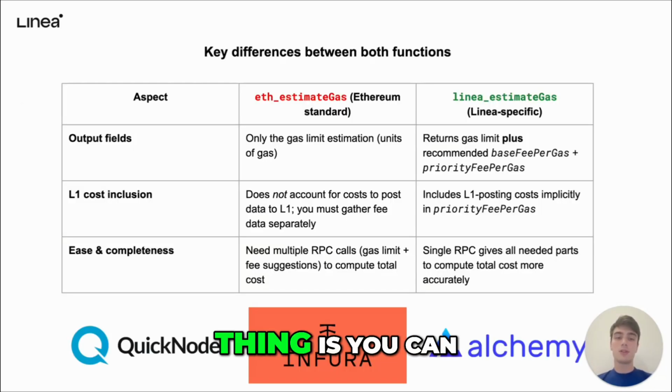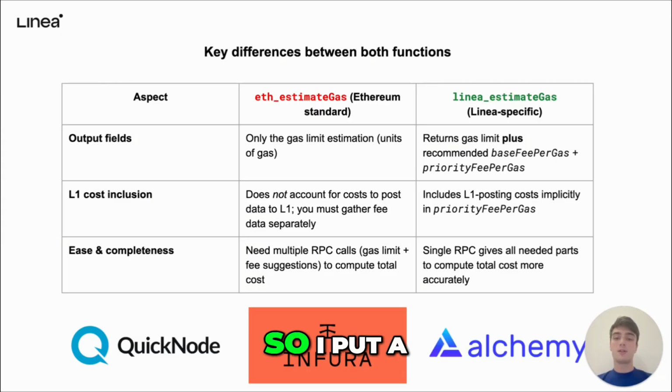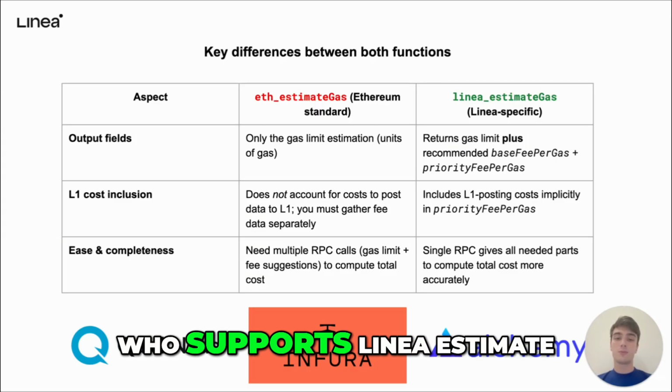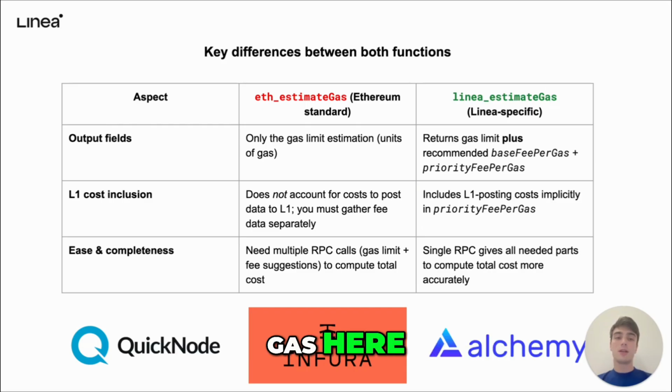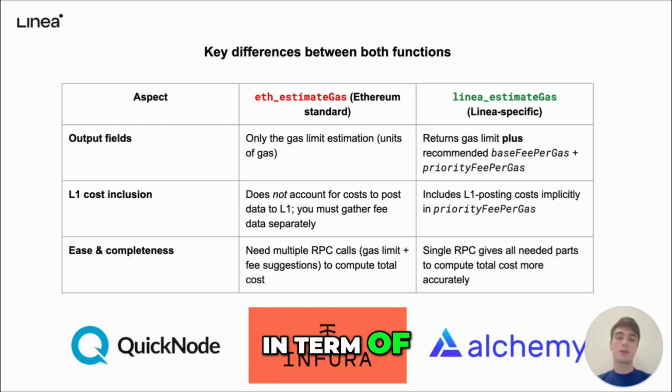The cool thing is you can get everything in just one RPC call. I put a few examples of providers who support Linea estimate gas here. In the priority fee per gas that you get, you have the layer 1 posting cost. That's why you get this difference in gas fee, and you get a more accurate gas fee.